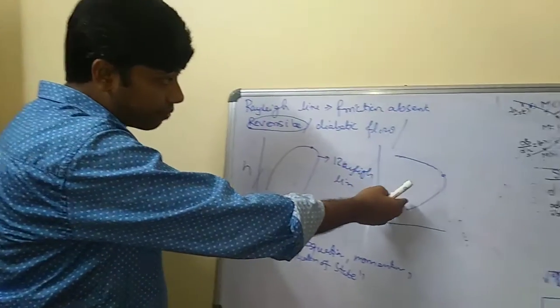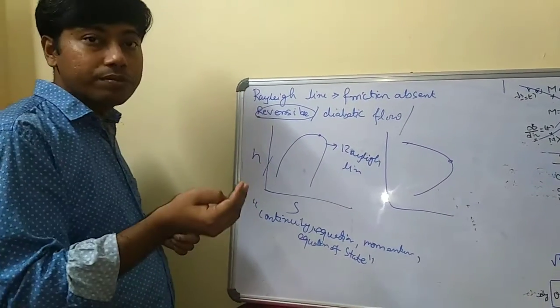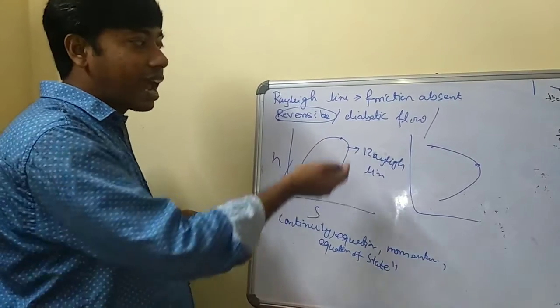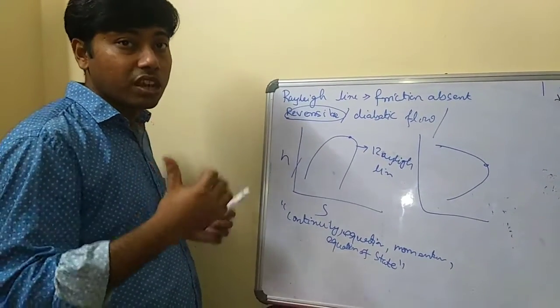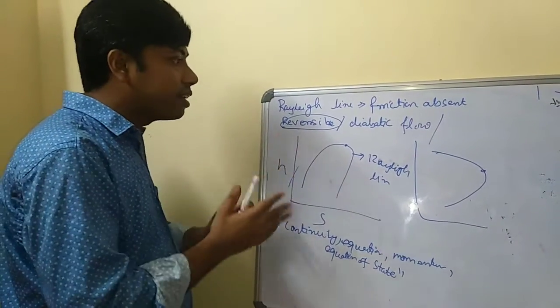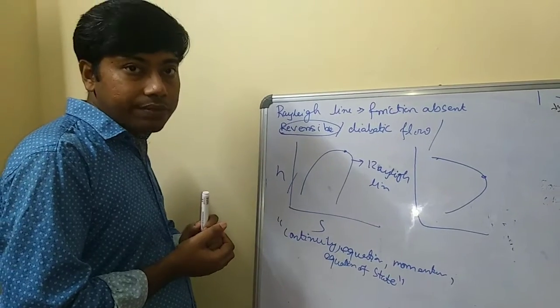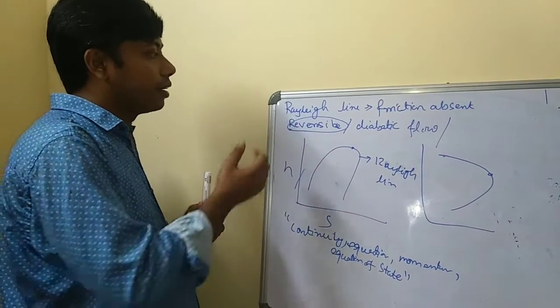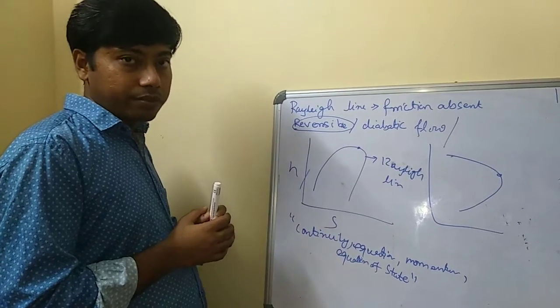In the case of Fanno flow, the fluid flow is irreversible and adiabatic, and we consider that friction is present. So this is the difference between the Rayleigh line and the Fanno line. The Fanno line indicates adiabatic, irreversible fluid flow, and the Rayleigh line indicates diabatic, frictionless flow.